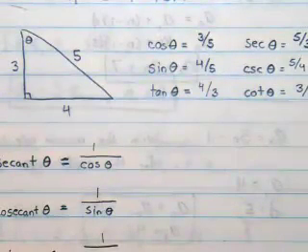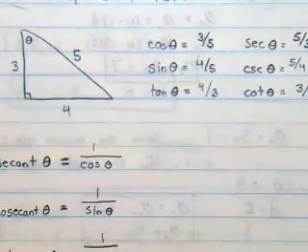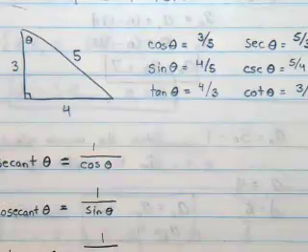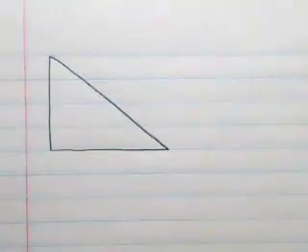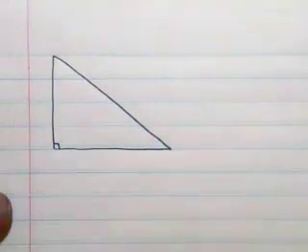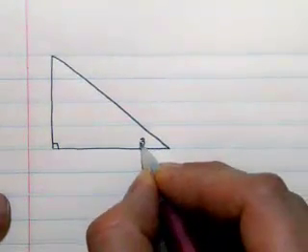Okay, enough of my lecture for just a second. I want you guys to turn to page 242 in your journals for me. We're going to take a look at a little investigation here. So let's say we've got a 30, 60, 90 triangle here.